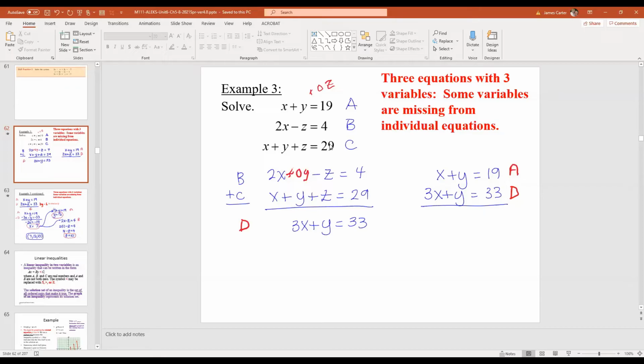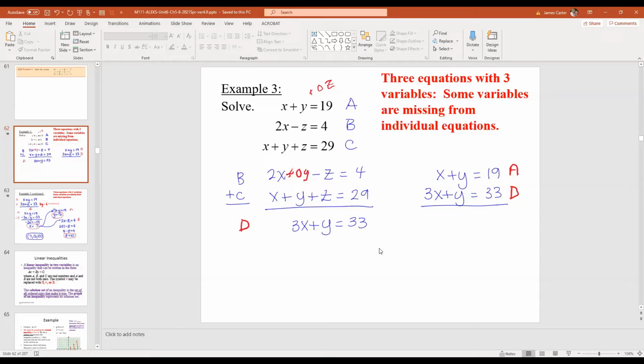Now, what that does is open up some opportunities where you don't have to go through all of the steps that you had to on the previous three problems. Because it's missing, if I eliminate these two, I'm automatically down to two equations that I can deal with.